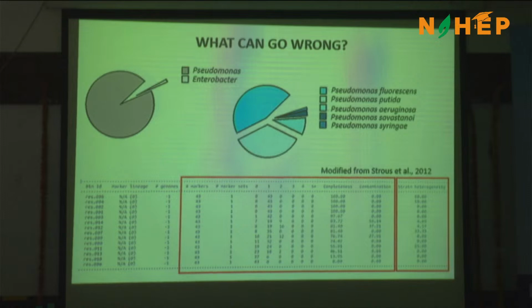It checks for the presence of 43 markers that are present in all genomes in single copy, and then you can evaluate how complete your genomes are. We can evaluate the completeness, the contamination, but also the strain heterogeneity, and we are going to go deep into these parameters. Is it clear for all?